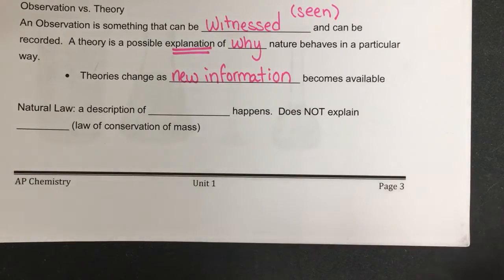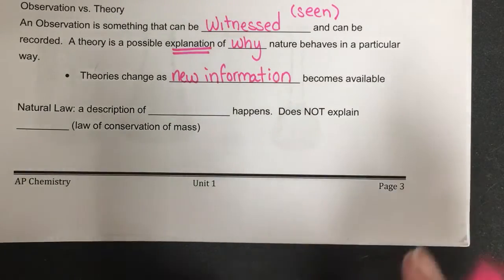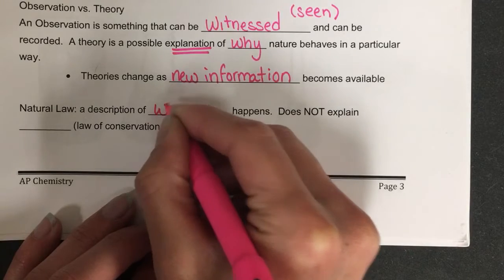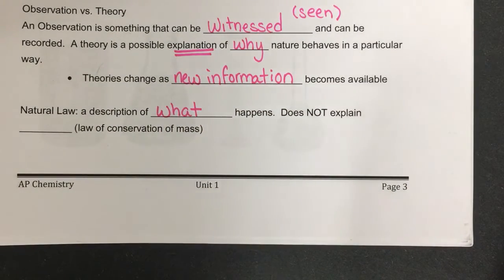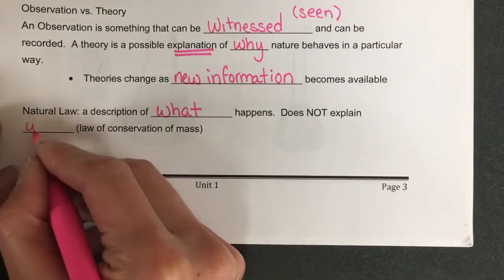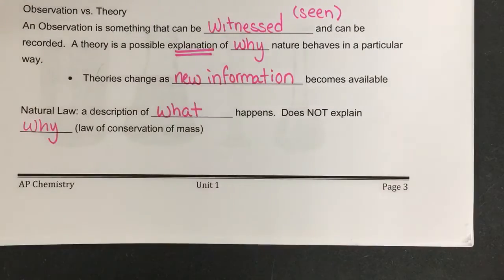Now, a law is different than a theory because it is saying what happens. It does not say why. So the example of a law is the law of conservation of mass.